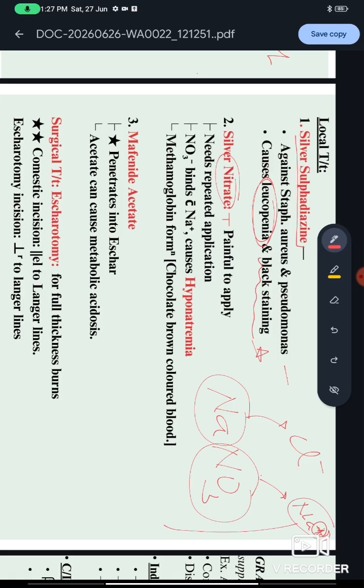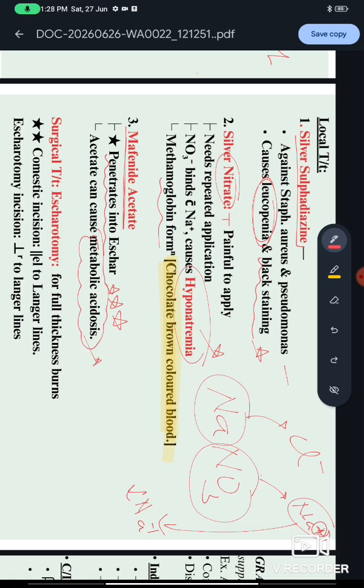So this will lead to decreased Na plus in the body, hyponatremia, and also methemoglobin formation, which will lead to chocolate brown colored blood. Now mafenide acetate, it penetrates into the eschar. This is very important. However, it can cause metabolic acidosis.